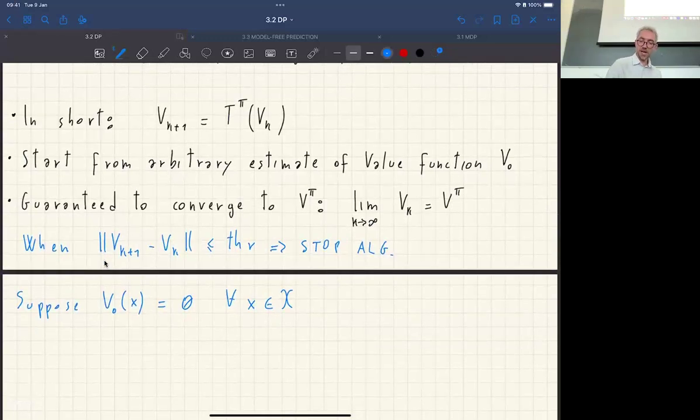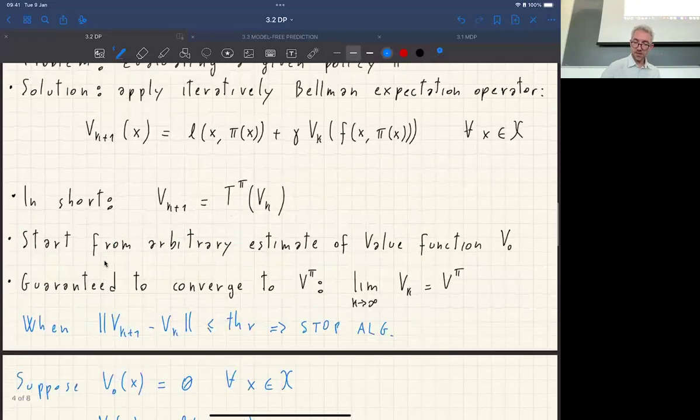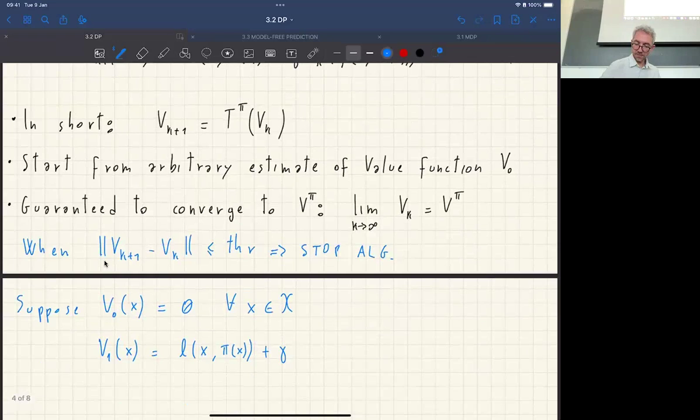Then if you apply this algorithm, v1 for a given state x is going to be the cost for that state applying the policy pi plus gamma v0 of the next state.